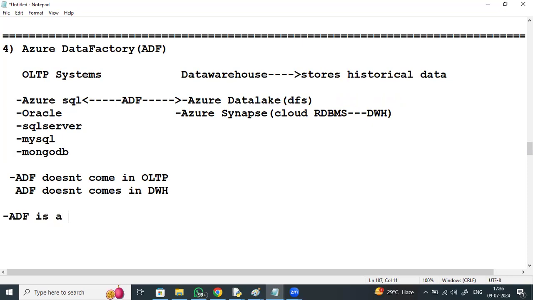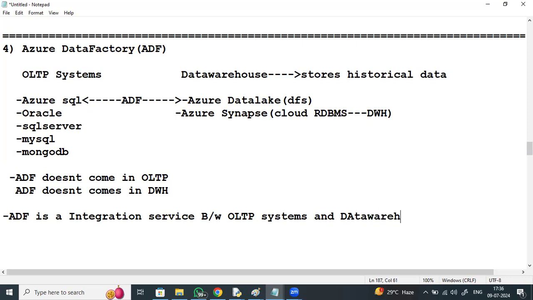ADF is an integration service between OLTP systems and data warehouse systems. ADF, a data integration service.